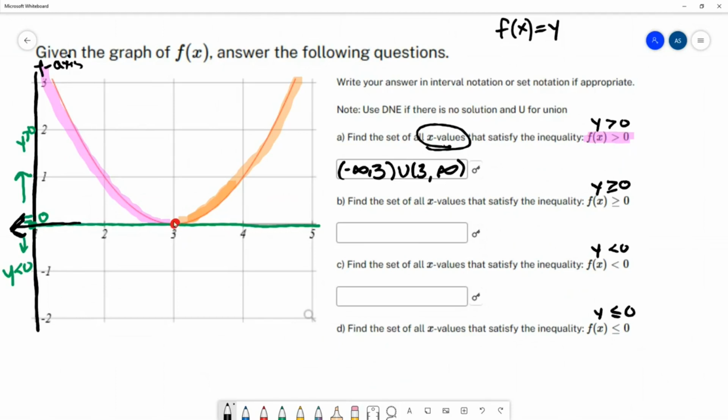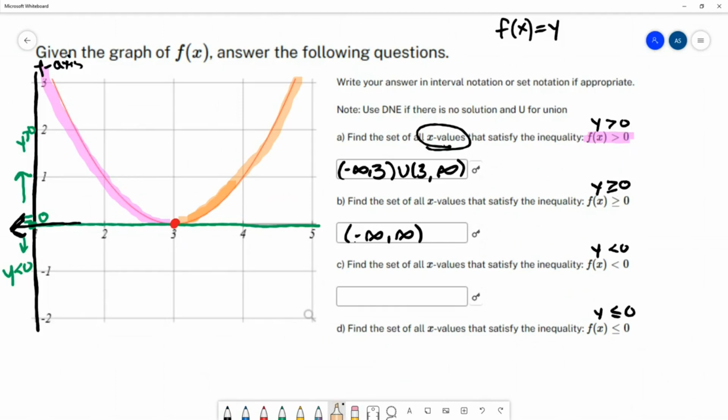So now we want to include this point that we didn't include previously. This entire graph is either on or above the x-axis, so all of the y values are greater than or equal to 0. For this one, your answer is going to be all real numbers.